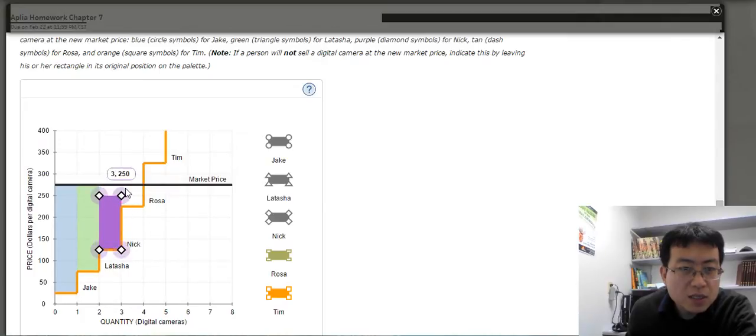Now guys, notice for Rosa, before, Rosa wouldn't sell because the price was too low. But now when the price becomes $275, she wants to sell because her minimum price is only $225. So the price is above her minimum price to sell. Therefore, she will sell. But poor Tim over here, he's still holding on to what looks like $325. So for him, the price being $275 is still too cheap. So he wouldn't sell either.